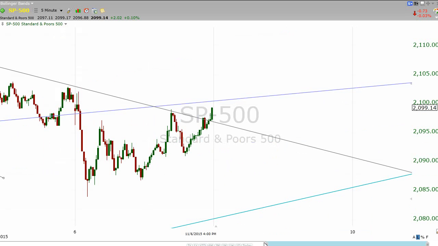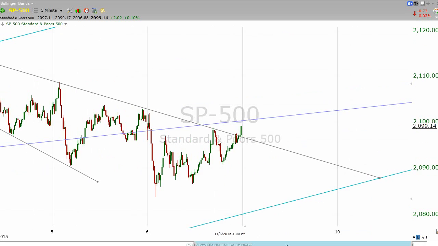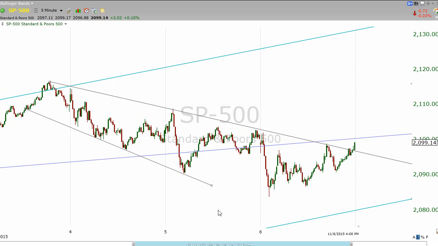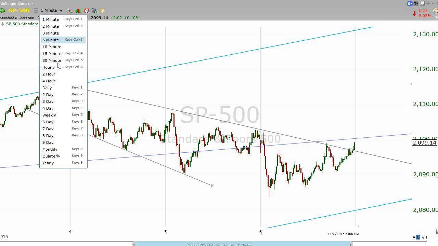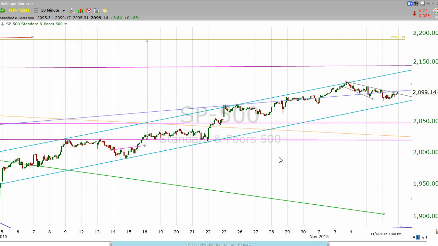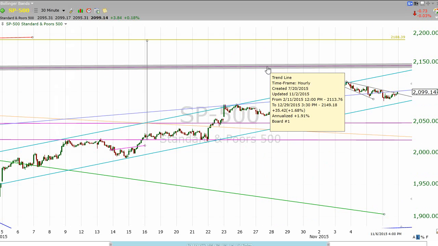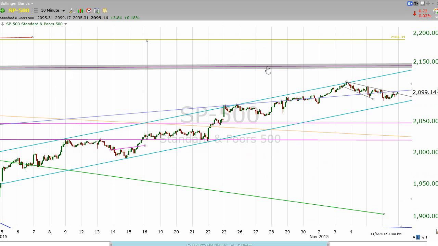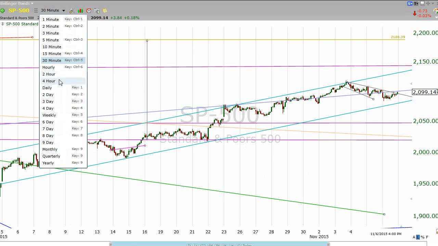Guys, what can I say? If we do get that 2188 breakout, 2188 target, the cool thing is that also takes us above our line right here that is at about 2149 or so. And where is that line drawn from?